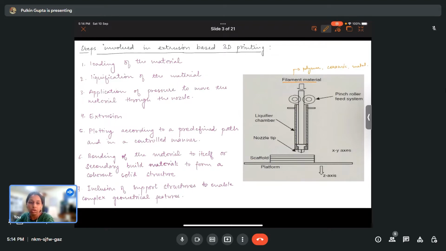So first you just insert this filament into this chamber. If you don't insert it, then how are the rollers going to move and feed it into the system? So this is the loading of the material, that is, insertion of the filament into the nozzle geometry.